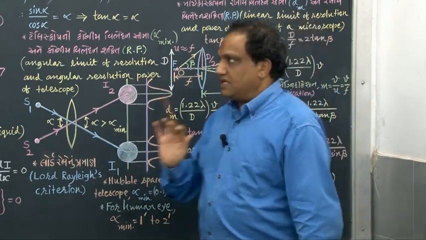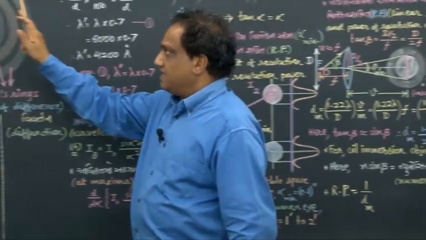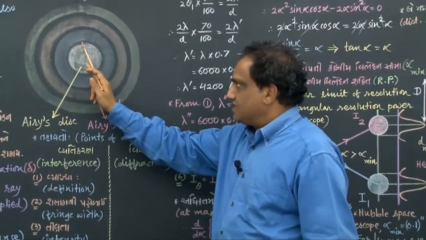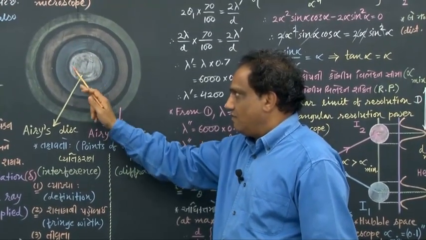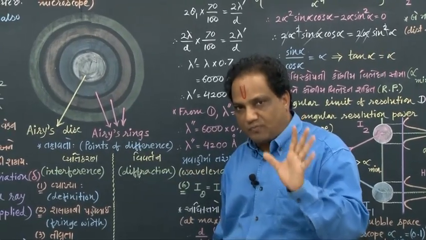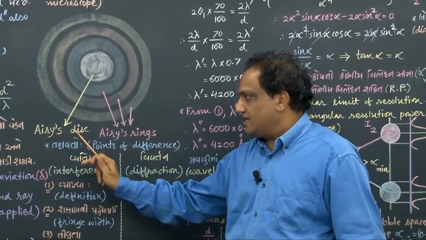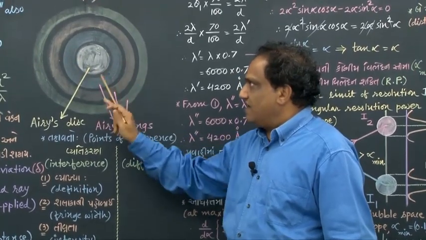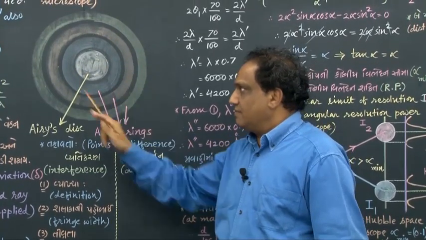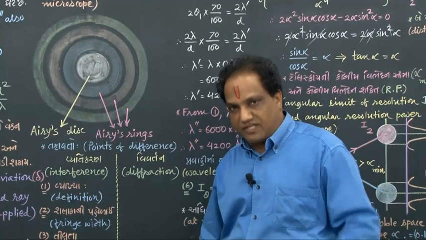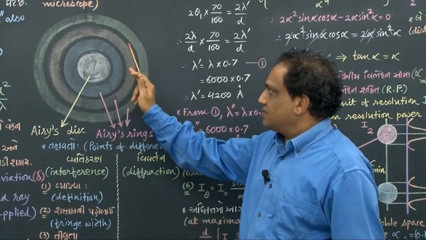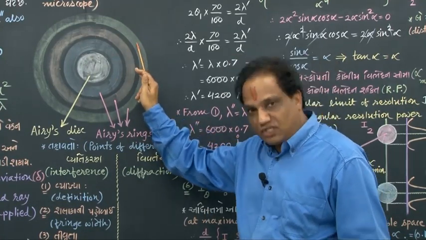Each image is nothing but a diffraction pattern like this, in which the central maximum is obtained in the form of a bright circular spot, which we call the Airy disk, surrounded by different secondary maxima: first order maximum, second order maximum, third order maximum, and so on.